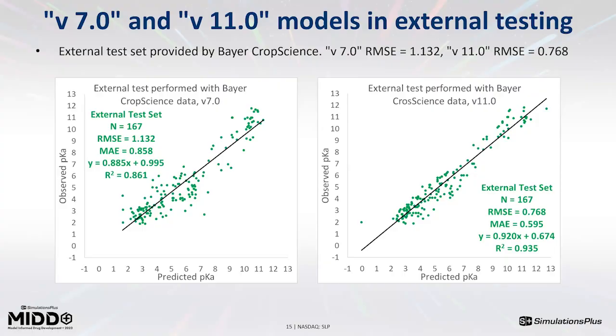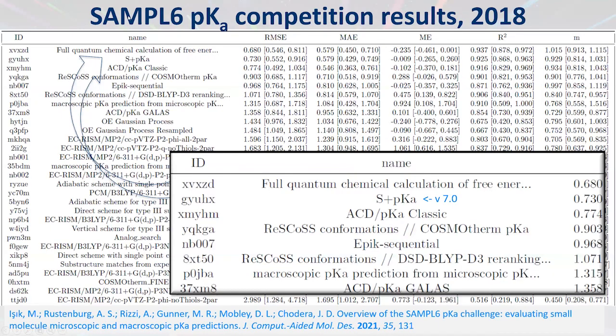One more thing, if you are familiar with the SAMPL6 competition, we participated in that competition in 2018. It was a contest of predictive software for ionization constants, of course. And we came second after full quantum chemical calculation of the energies and so on. We came second on a test set that was, of course, synthesized after the reception of the results and evaluated after the predictions were made.